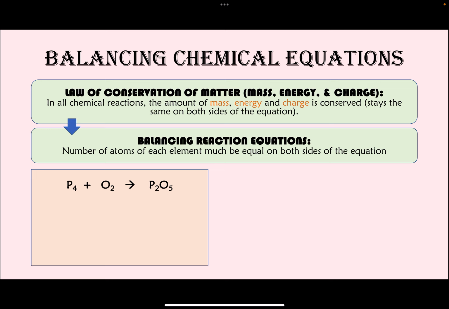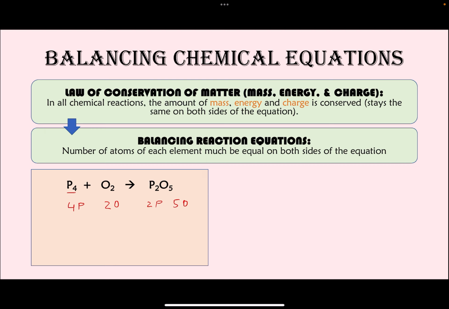Here's the first one. We see that on the reactant side, we have 4 phosphorus, we have 2 oxygens. On the product side, however, we have 2 phosphorus and 5 oxygens. So let's go ahead and maybe start balancing the phosphorus first, right?